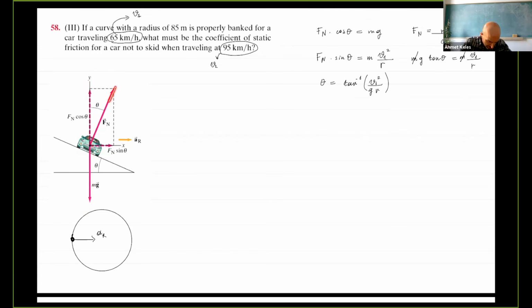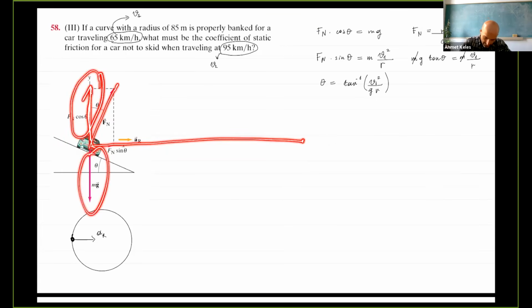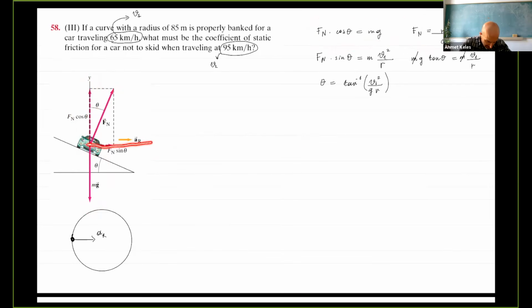Now, this normal force has two components. This one, a component like this, which is towards the center of this circle, and a component along this. So I already found this component from this vertical equation. And now for this component, I just write Fn times sine theta, which is this angle, is equal to mv square over r.